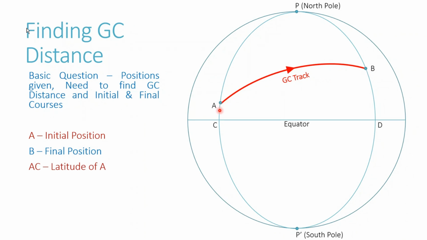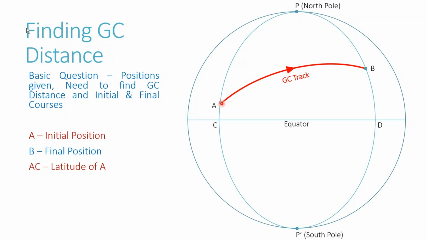Now, if we concentrate our attention on this part of the diagram, that is AC, Alpha to Charlie. Alpha to Charlie is the arc of the meridian contained between the equator and position A. This is exactly what the definition of latitude is: the arc of the meridian contained between the equator and that particular position.